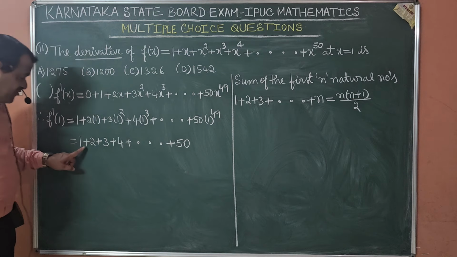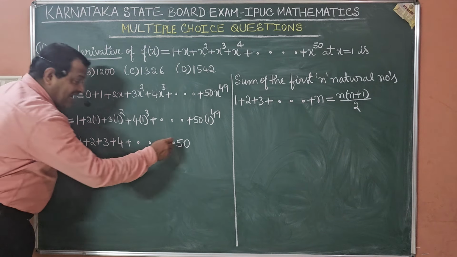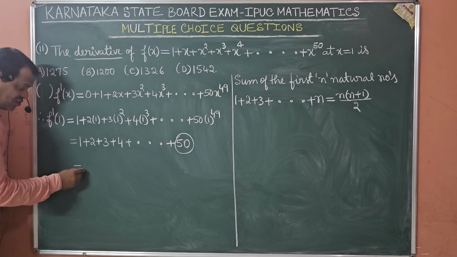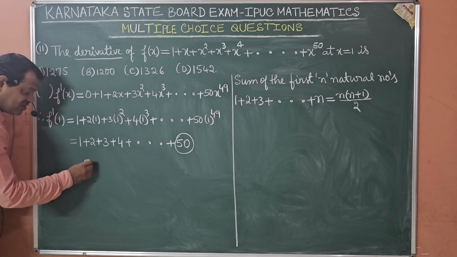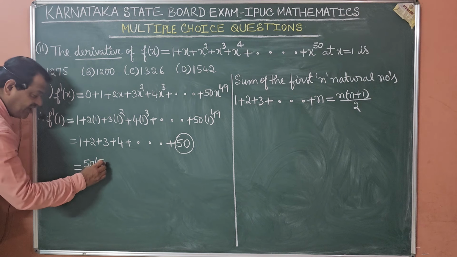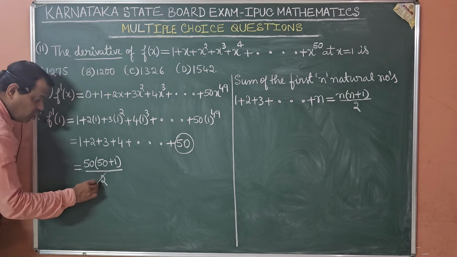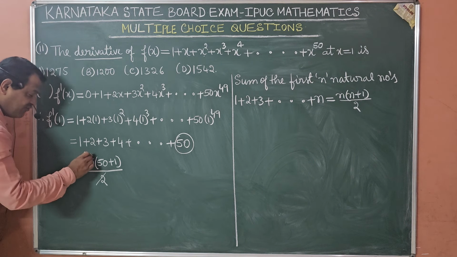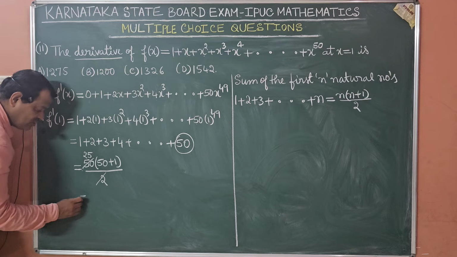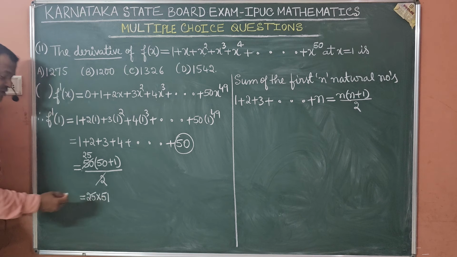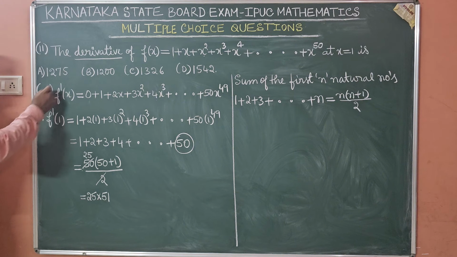Comparing that formula to this, we get n is 50. Therefore the sum of the first 50 natural numbers is 50 into 50 plus 1 divided by 2. 2 goes in 50 25 times. Therefore we have the product 25 into 51, which is nothing but the first option, 1275. So kindly go through the solution.